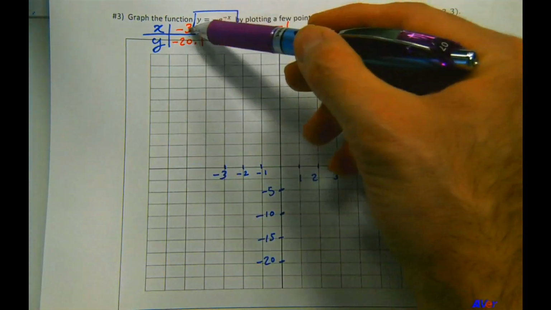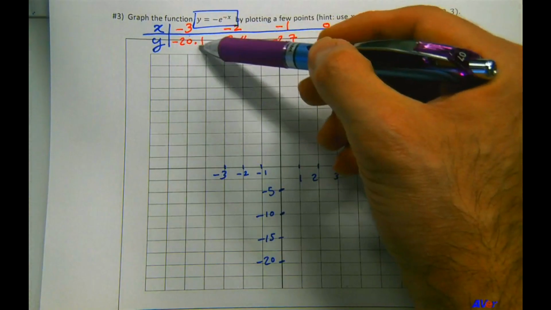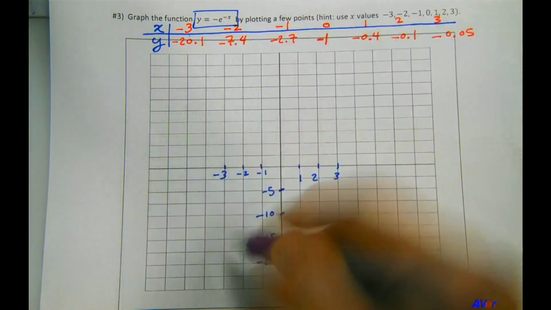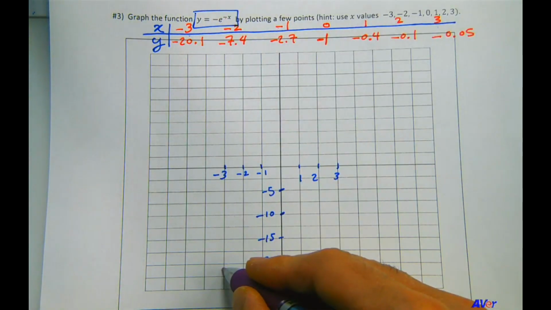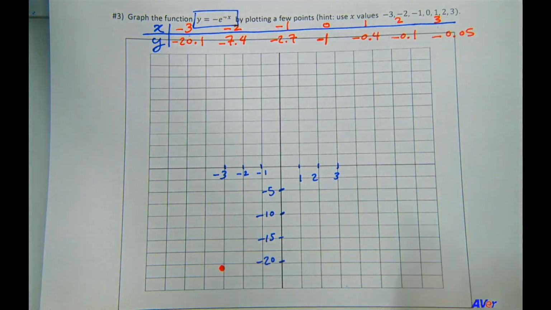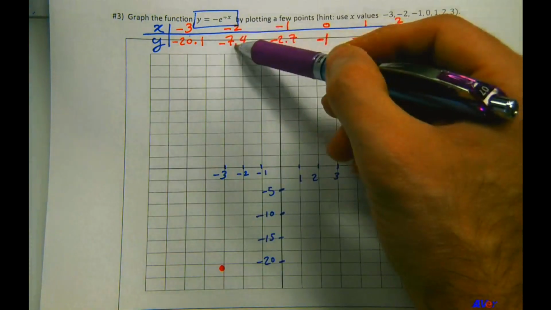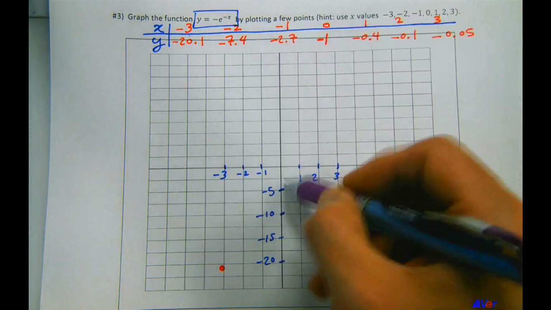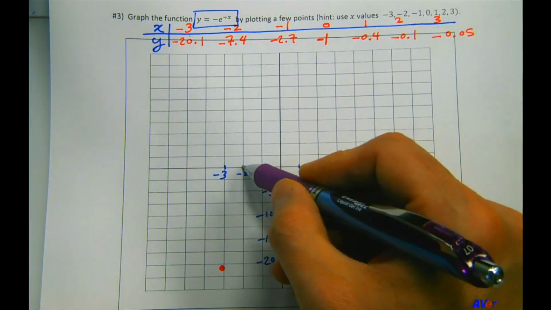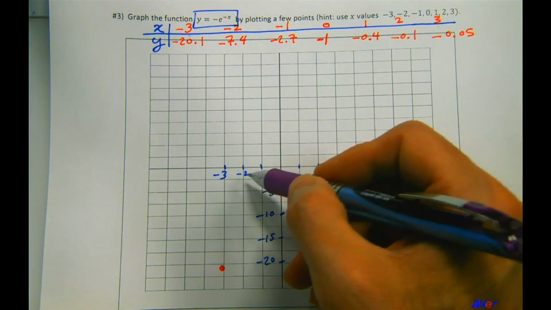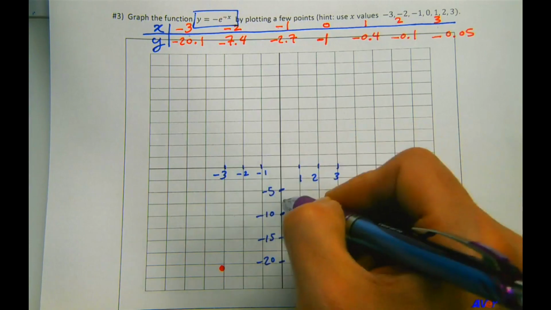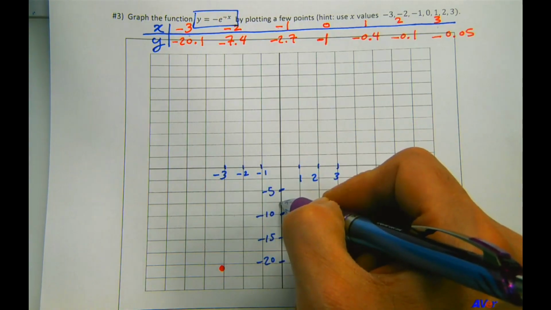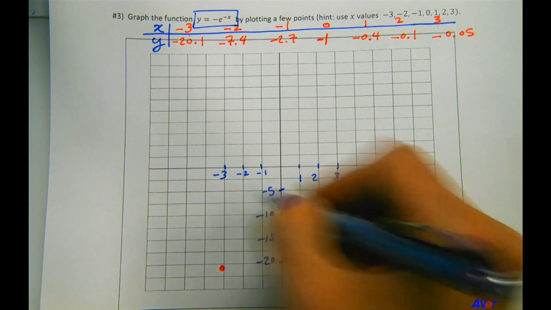Negative 3 x value, negative 20.1, that would be roughly here. Somewhere here, right? Negative 2 comma negative 7.4, that would be negative 2 is here for x. Negative 7.4 will be somewhere here. So right there.